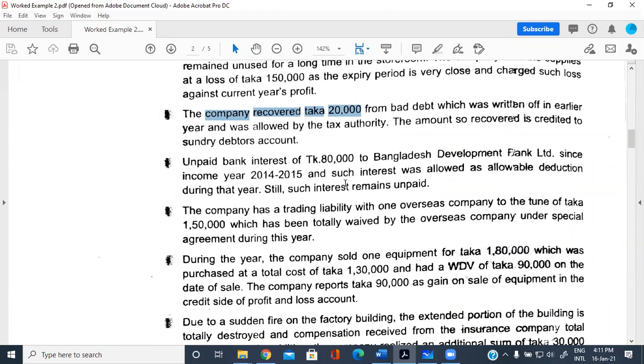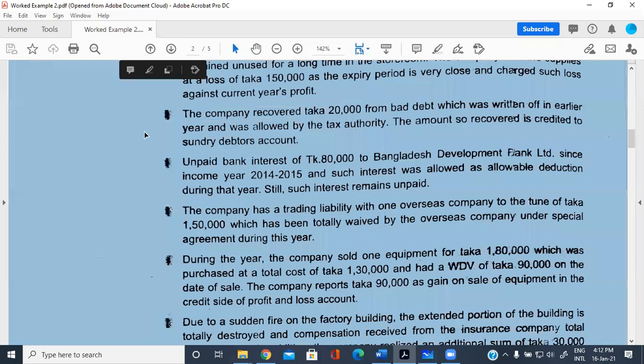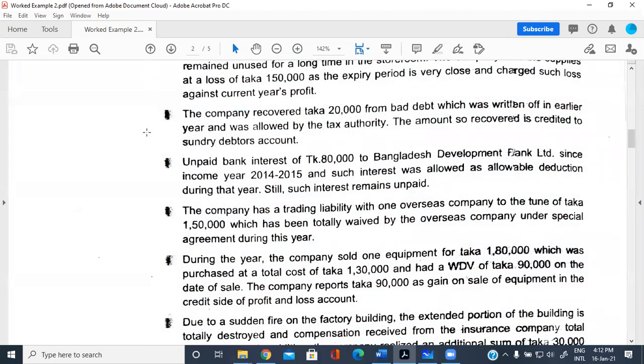So if you look at the inadmissible expenses section of the chapter we read in the previous session, you would see that there is a specific number of years for which this kind of unpaid interest can be shown in the income statement, if it is still unpaid.